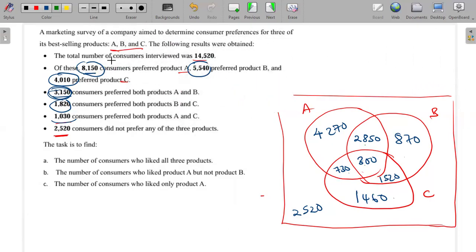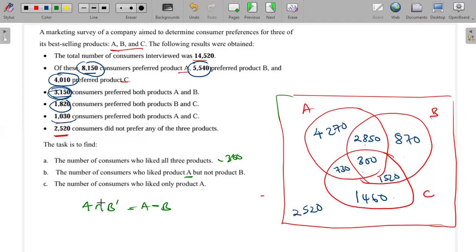All right, so first of all, here we found our answer to be 300, as you had seen in the calculation. And then the next one is telling us the number of people who liked product A but not product B. So in short, they're telling us A intersect B complement, which is just equal to the set difference of A and B. So those that like product A but they don't like product B. And what does that mean?